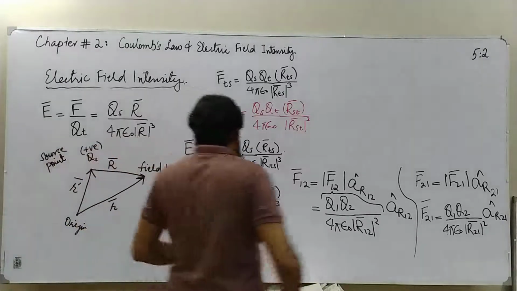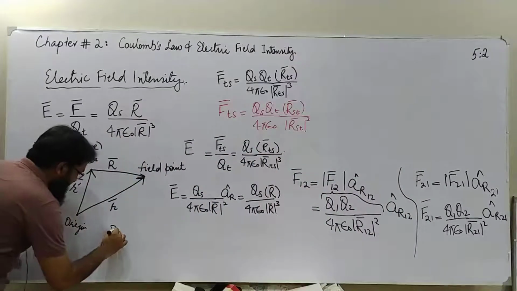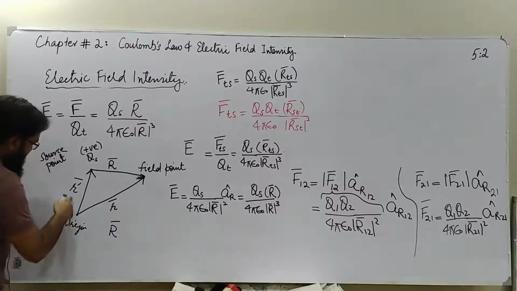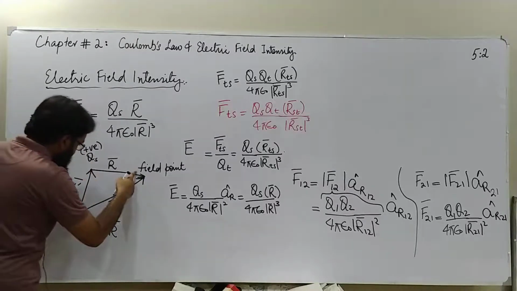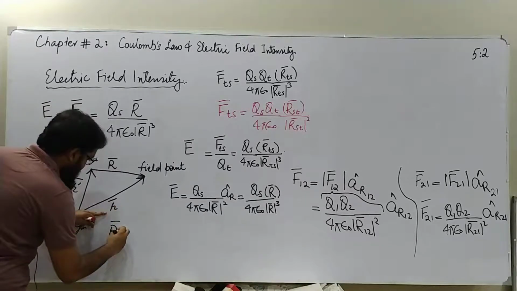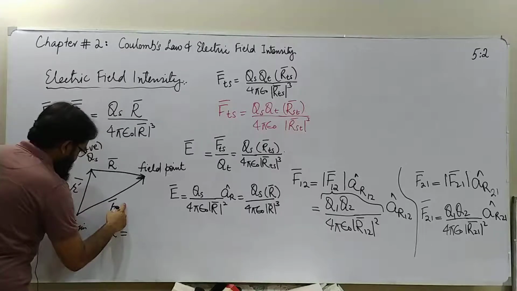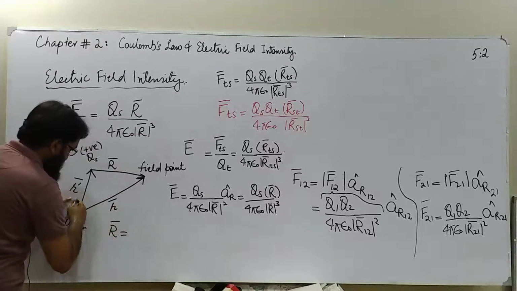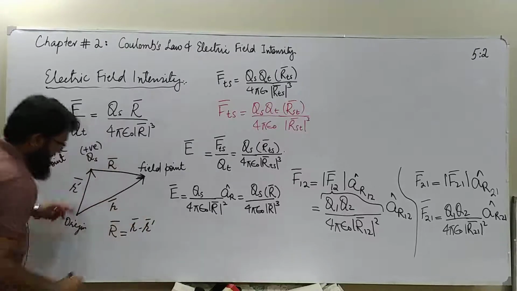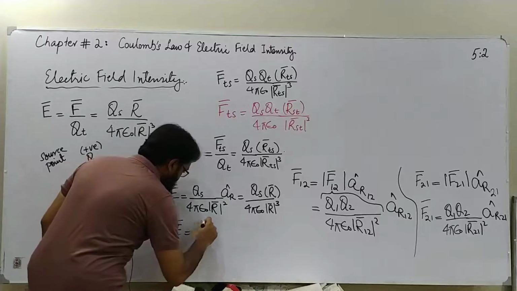All right, so now if we know that this vector R prime plus this vector is equal to this R, this plus this is equal to this. So this vector is equal to this minus this, R minus R prime. So I can replace it over here. Electric field is Qs.